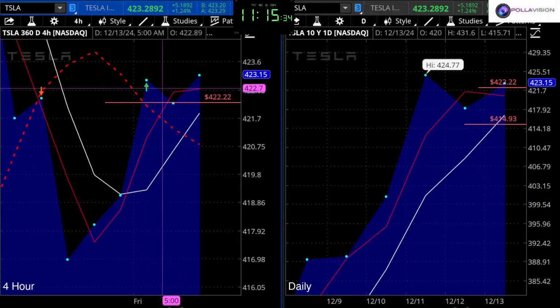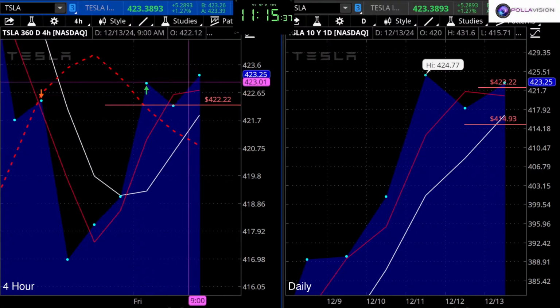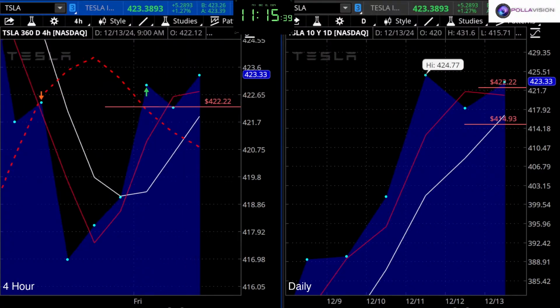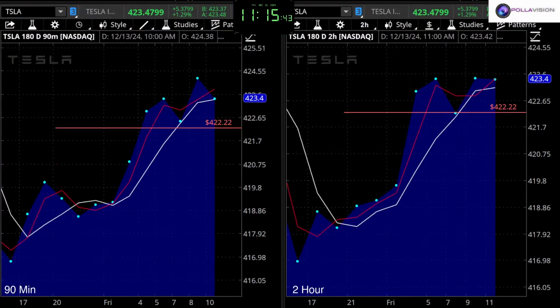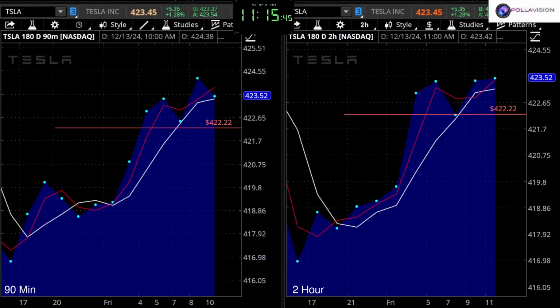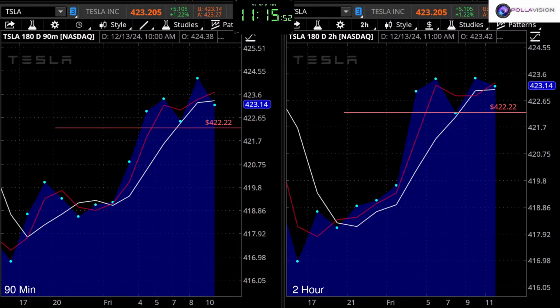So based on this chart, the buyers are in control of the 4-hour chart. Let's see what they're doing on the 90 to 120. The buyers are still in control. The price has not broken below the 4, but they're battling right here.